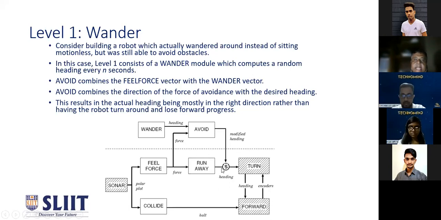This S stands for subsumption. It basically overrides the previous heading. The heading generated by level 0 behavior is to move the robot away from an obstacle. Now, in addition to that, this wandering behavior is calculating another heading to wander. Now, if you have both these behaviors running, the robot will wander in the environment. At the same time, it will try to be away from obstacles.